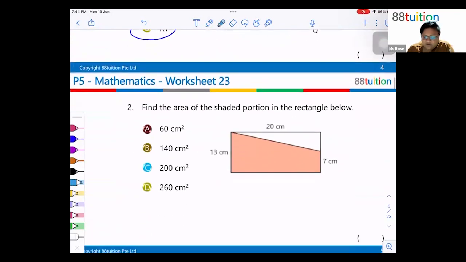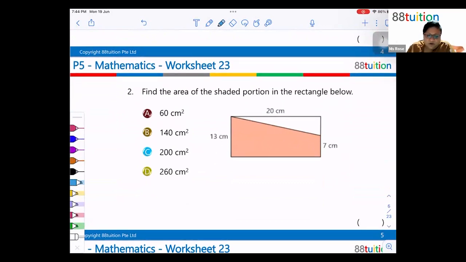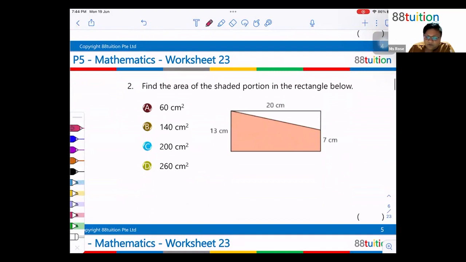Now let's look at question number 2. Some of you got the answer incorrect. You're supposed to find the area of the shaded portion in the rectangle below. The shaded part is represented by the orange part.